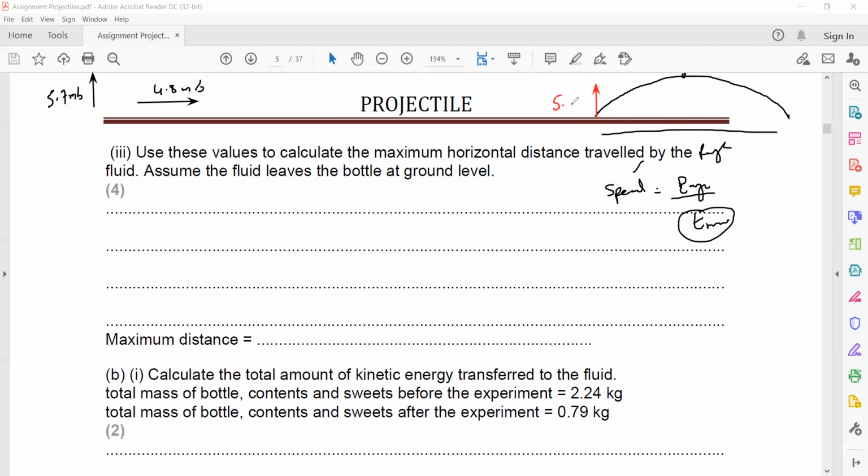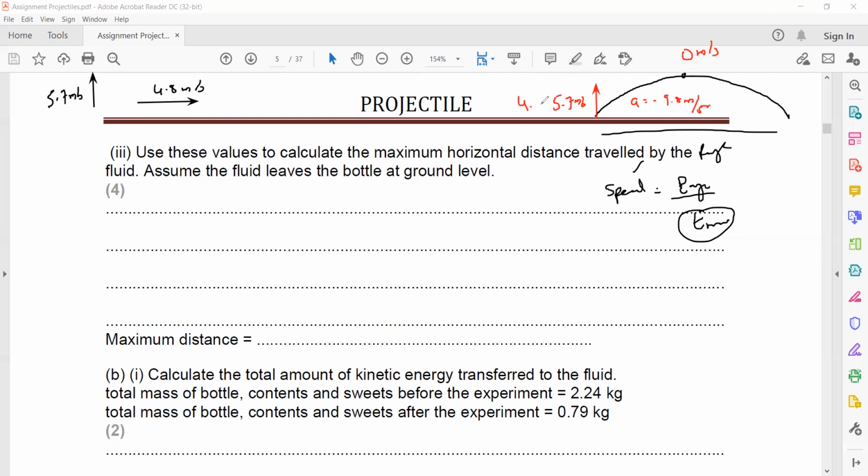We have the vertical component, which is 5.7, and at the maximum height the vertical component is 0. Because it will decelerate, the acceleration will be minus 9.8 meters per second squared, because the vertical component is decreasing.